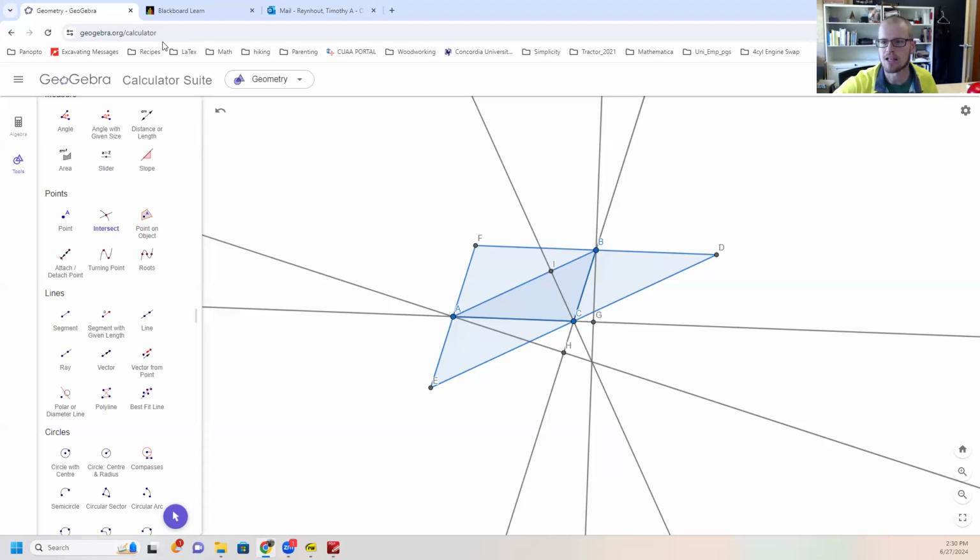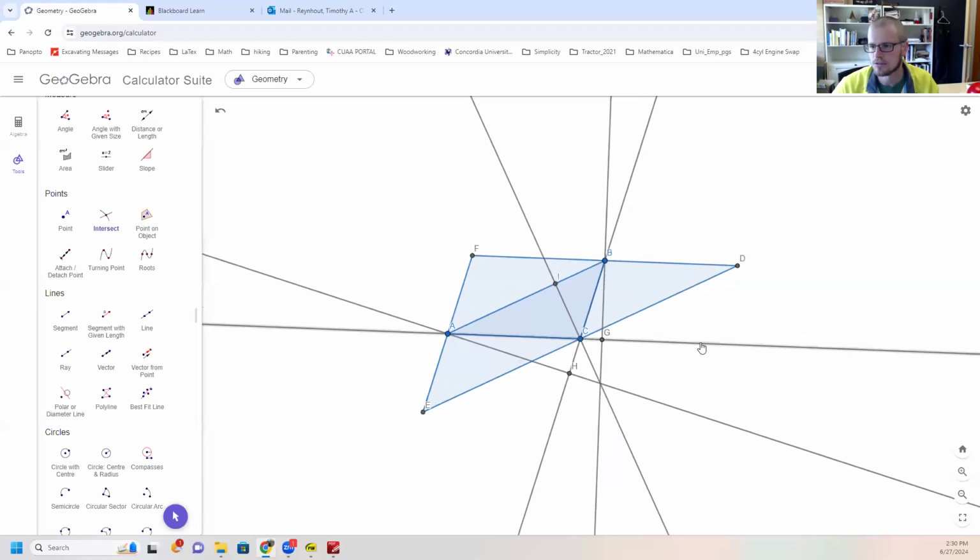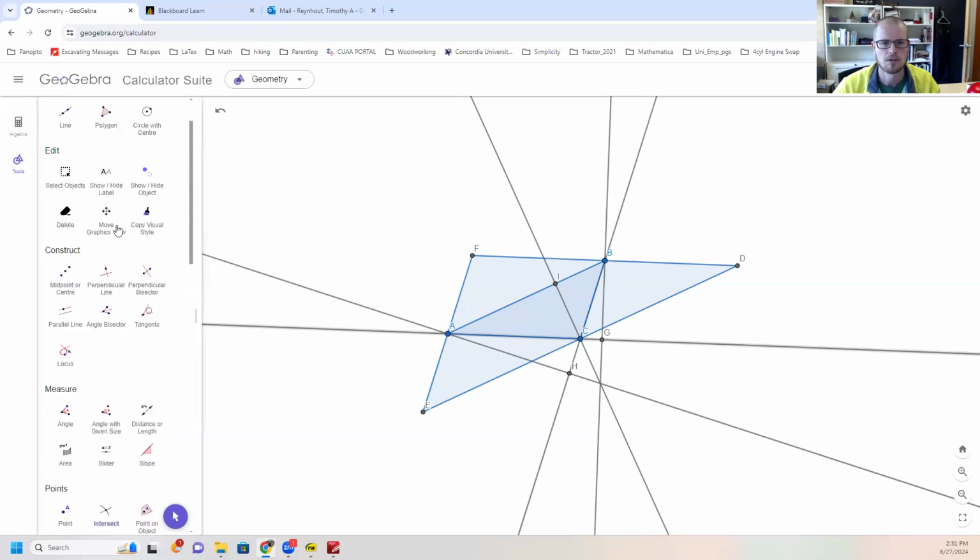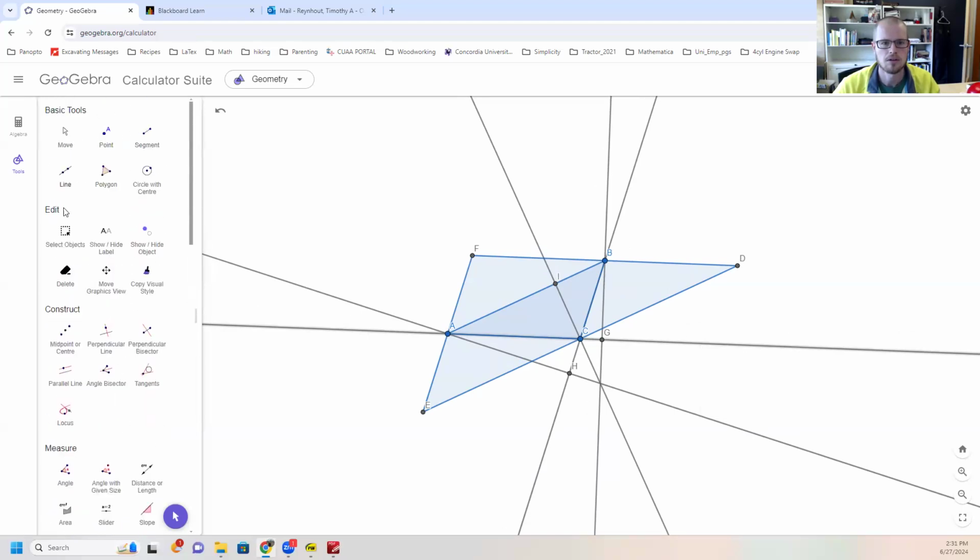So we are going to name them. For this line here, I want to select objects and see its name. Parallels are the ones that I want to see, and that one doesn't have a name because I hid them.